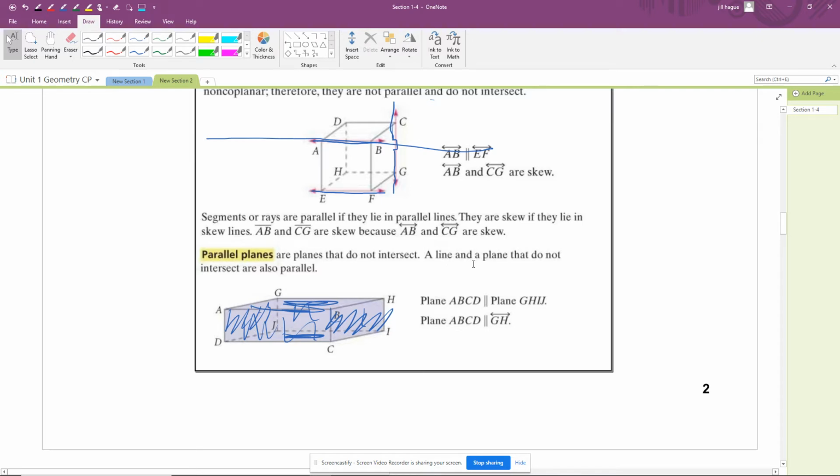And a line and a plane that do not intersect are also parallel. So if this plane, let me erase that and draw that last one out so you know what I'm talking about. If we have a plane like this over here, and a line here, and these do not intersect, then they are parallel with each other. This line is parallel with that plane. That should make sense, right?